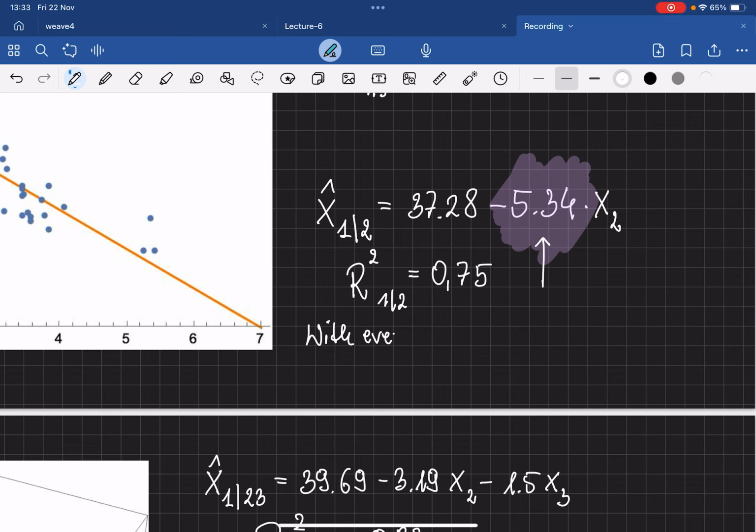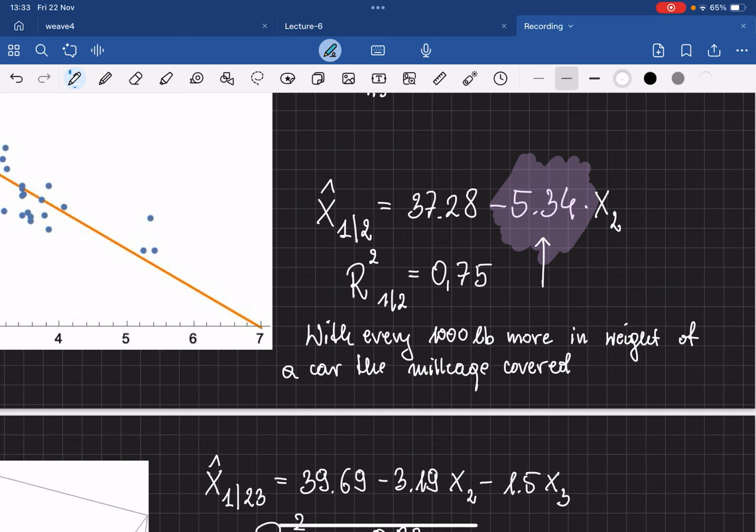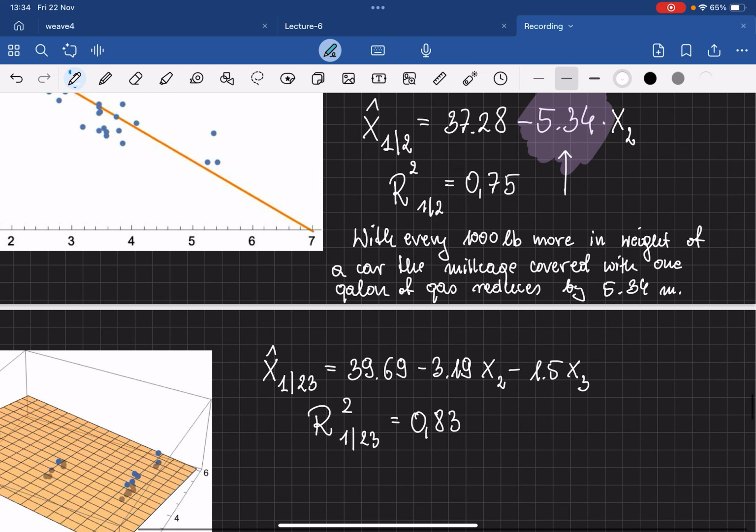With every 1,000 pounds more in weight of a car, the mileage covered with 1 gallon of gas reduces by 5.34 miles.